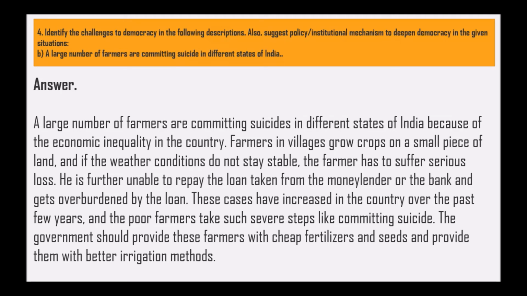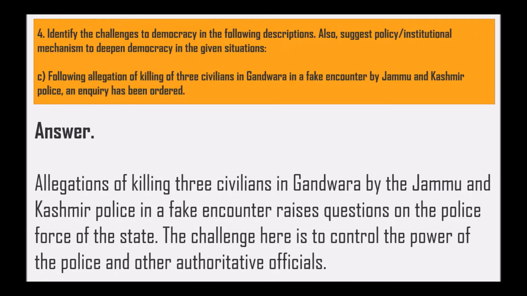He is further unable to repay the loan taken from the moneylender or the bank and gets overburdened by the loan. These cases have increased in the country over the past few years. The poor farmers take such serious steps like committing suicide. The government should provide these farmers with cheap fertilizers and seeds and provide them with better irrigation methods.